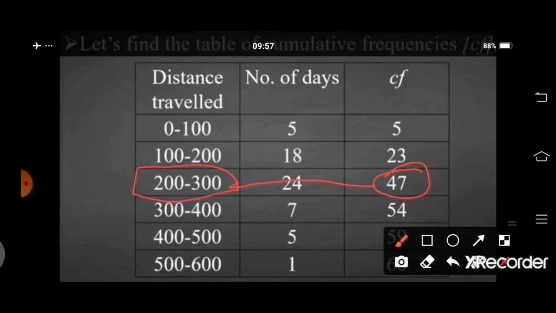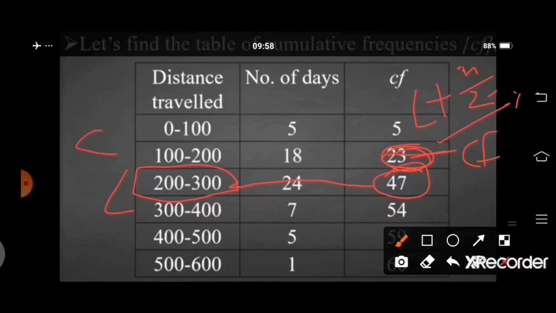Then we will apply the formula here: L plus n upon 2 minus CF. L means 200 is our L. Then we know n upon 2, that is 60 divided by 2, 30, minus CF. CF means the cumulative frequency of the class previous to the median class; 23 is our CF. Then into C, where C means class length.